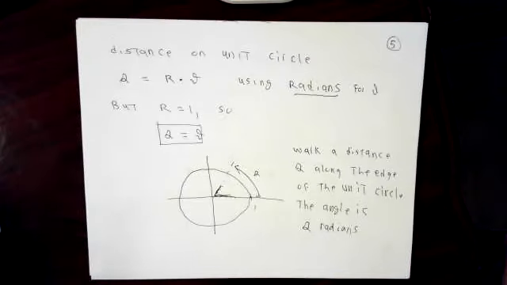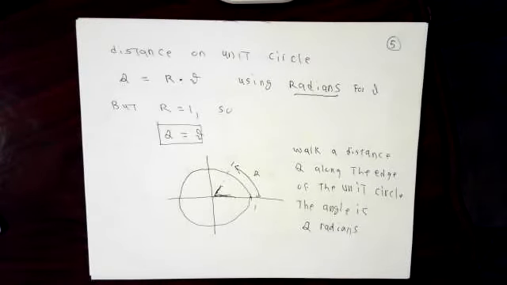If we think about distances on this unit circle, you remember that arc length is radius times theta, assuming that you're measuring the angles in radians instead of degrees. On a unit circle, the r is equal to 1.